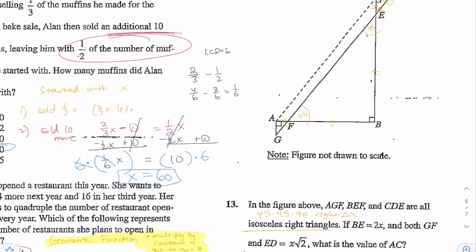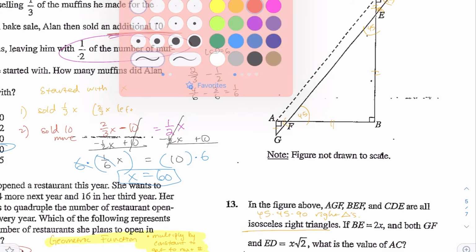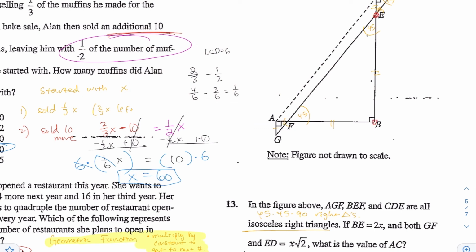Now BE, you're given, is 2 times x. So that means that BF is also 2x. And now GF and ED are both x root 2.